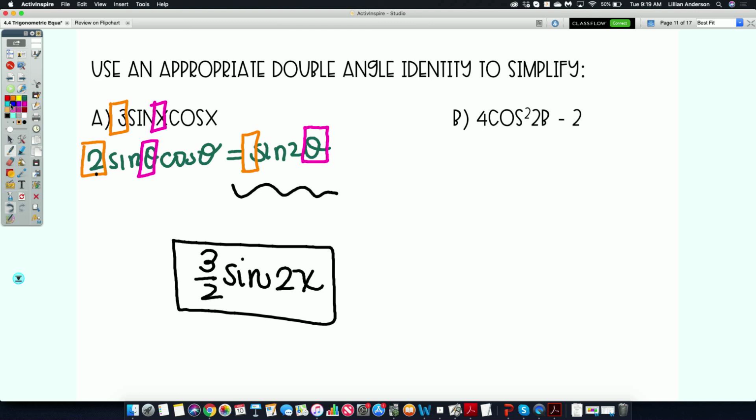What about this next one? Well, what identity?